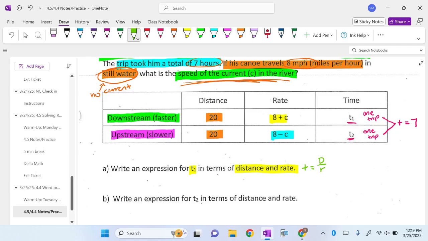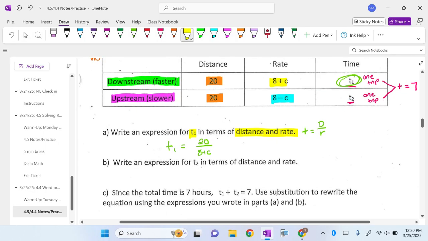So for T1, the downstream, how can I write the formula using what I'm giving for distance and rate from the table? So what's my distance? 20. So 20 is in the numerator, all over what? 8 plus C. That's my rate.